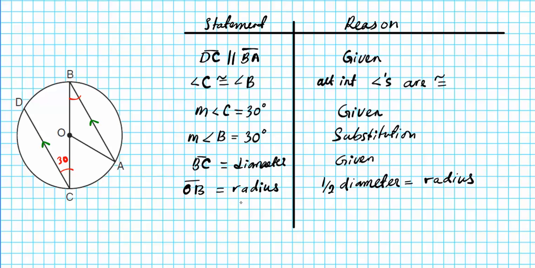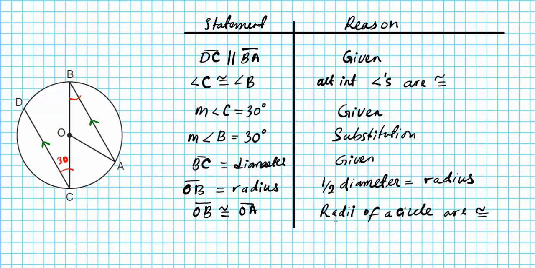Now, since OB is a radius and OA is a radius, what can we conclude? We can conclude that OB is congruent to OA. What's the reason? The radii of a circle are congruent.